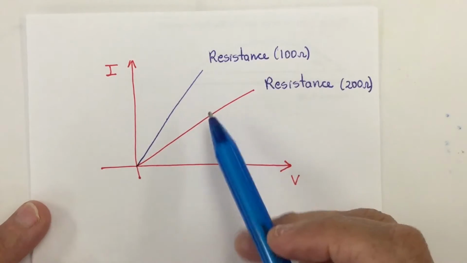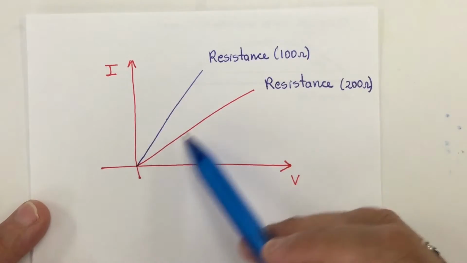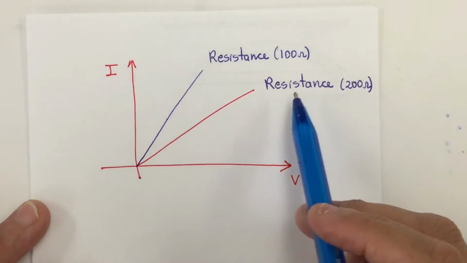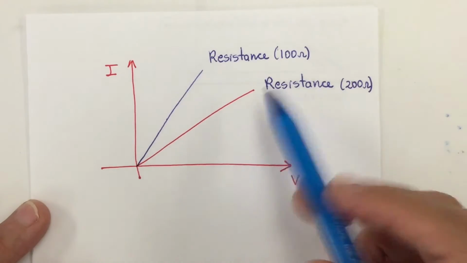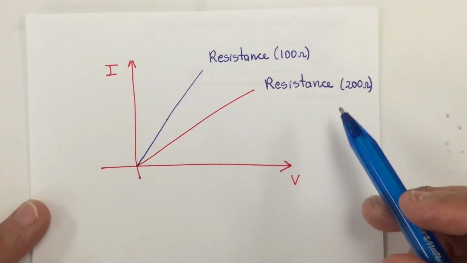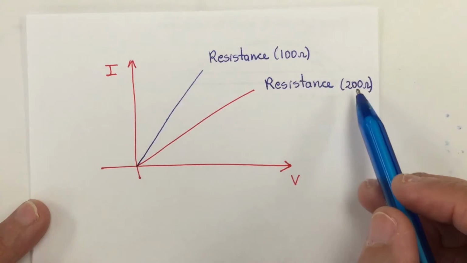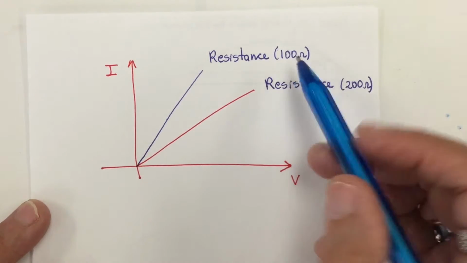As an example of the difference between the lines on an I-V graph, if it is a straight line, let's say we have two resistors with two different values: 200 and 100.